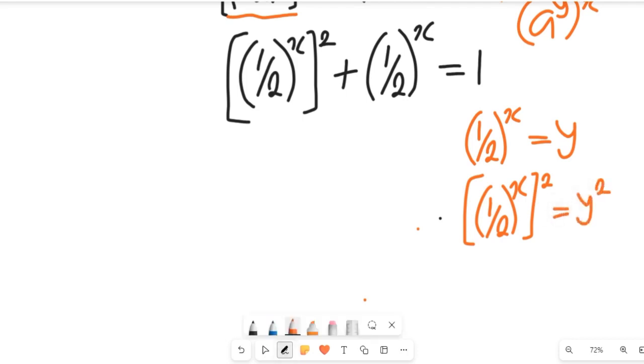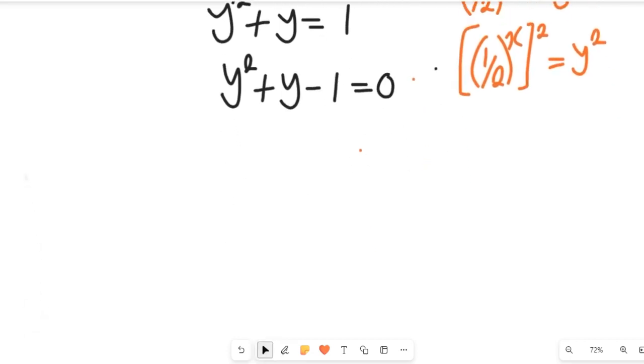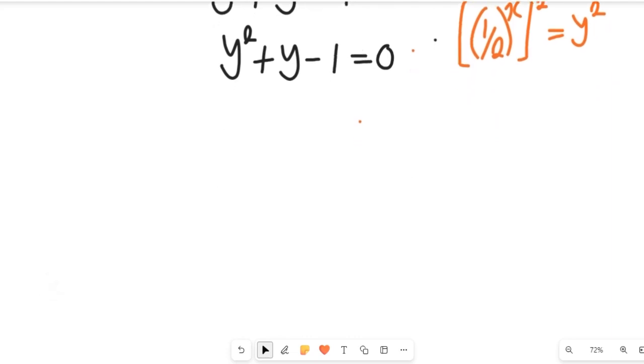So this will now make that equation become y squared plus y equal to 1. Now let's subtract 1 from both sides. We are going to have y squared plus y minus 1 equal to, subtracting 1 from the right-hand side, 0. So that has given us a quadratic equation.